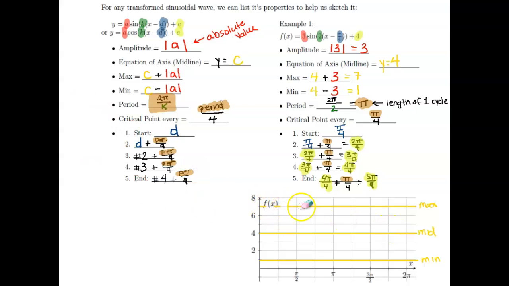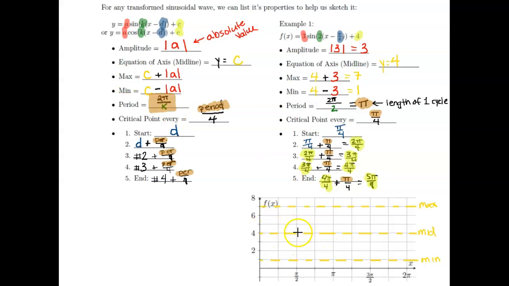We'll do those as dotted lines here. Awesome. Okay, so my amplitude is 3, 4 to 7 is 3, 4 to 1 is 3. My period is going to be pi, so we'll check that at the very end, because now I can use my critical points.